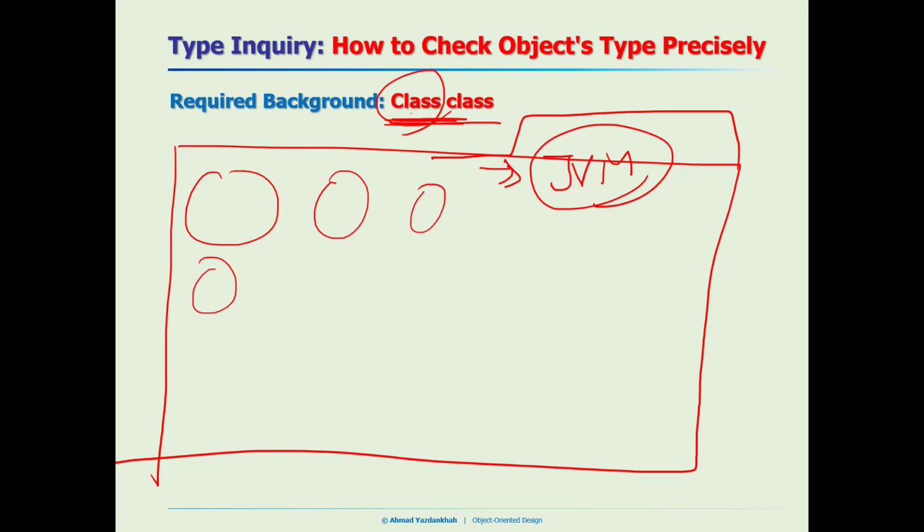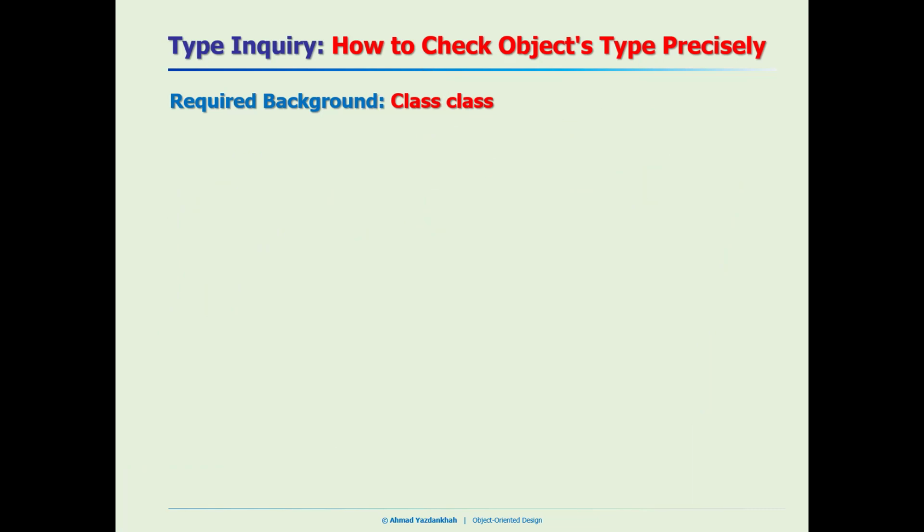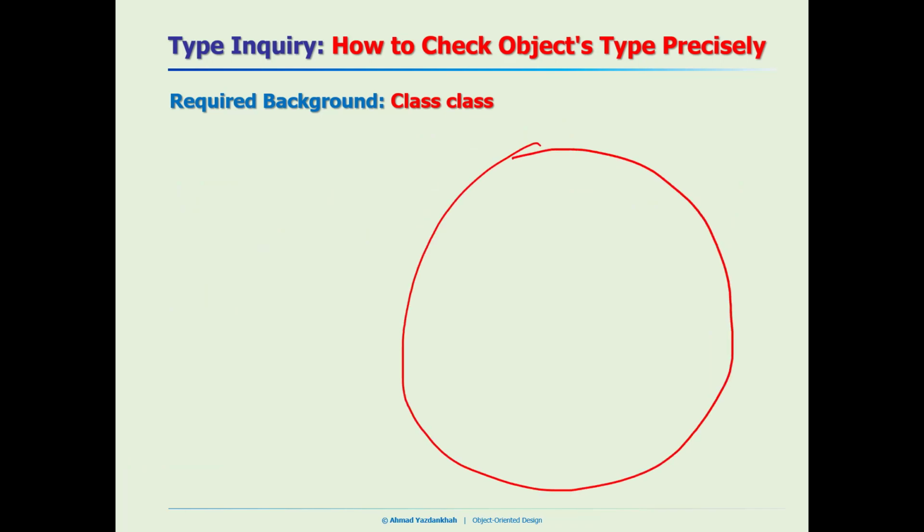Okay, so now that we know JVM is just a process, what do we have inside the JVM? So let's say this is the JVM process. There are a bunch of objects of your application. I am talking about your application.